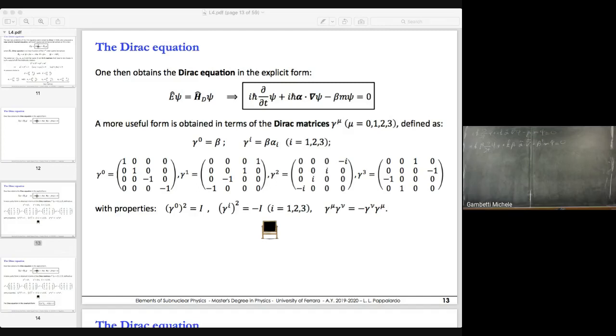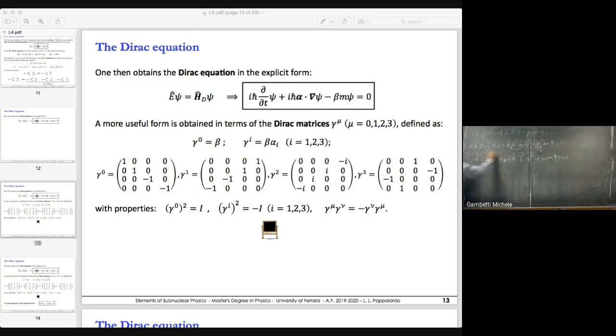And now finally we translate the beta and alpha matrices in terms of the Dirac matrices, the gamma matrices. So this turns out to be i h bar, where beta is nothing else than gamma 0, times the time derivative of psi, plus i h bar, where beta alpha gives the gamma matrices, times nabla psi, minus m psi, since beta squared is equal to the identity matrix, equal to 0.